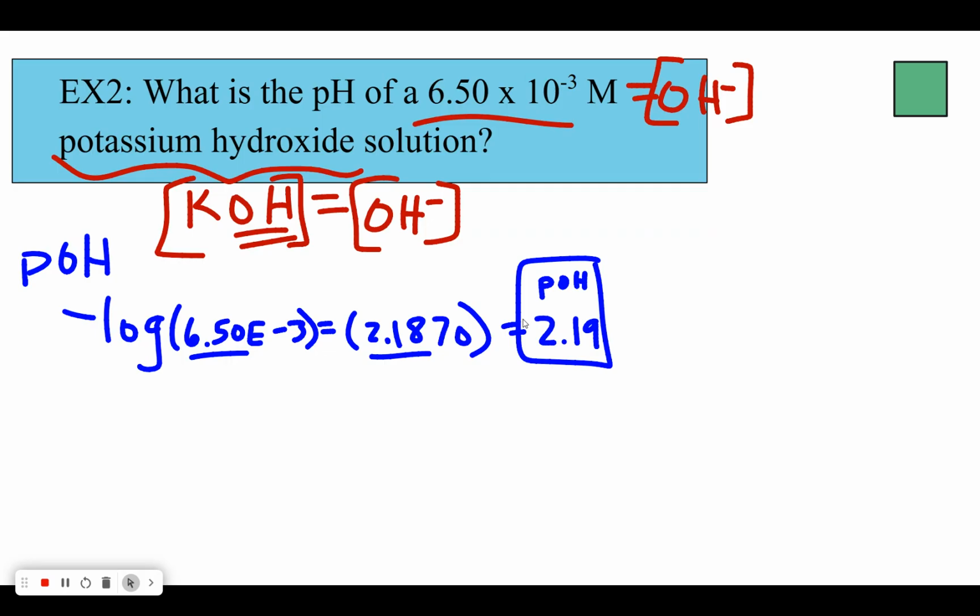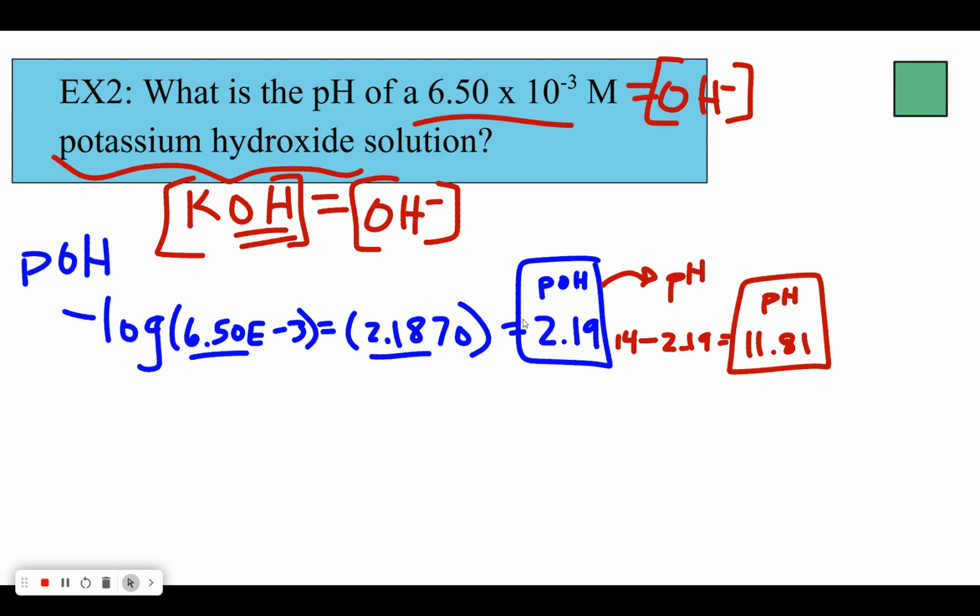And then just one quick step to get to my pH. We've got to subtract from 14. Keep 2 decimal places there. It is going to be 11.81. That's my pH. That's what it was asking for. Had to take multiple steps, even though it didn't ask me for my pOH. That was really the only way to get to the pH.